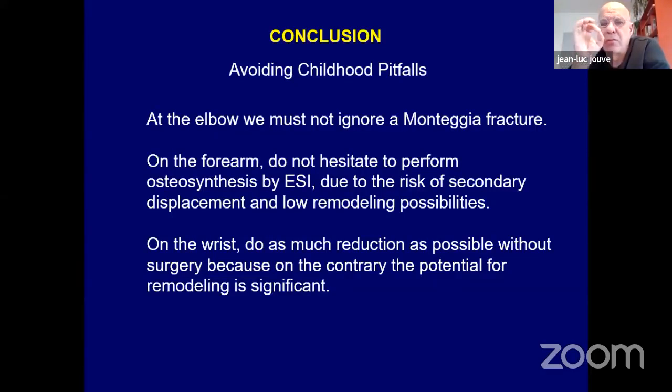Always draw the line along the radius axis and check the possibility of a Monteggia fracture. On the forearm, do not hesitate to perform osteosynthesis with an intramedullary nail due to the risk of secondary displacement and low remodeling possibility. Remember the middle part of the forearm has a low remodeling possibility.